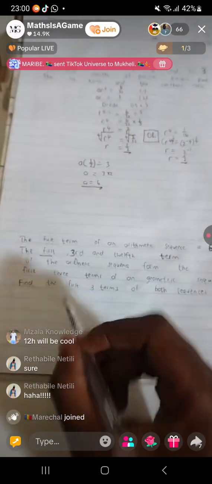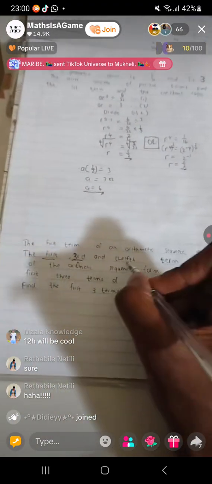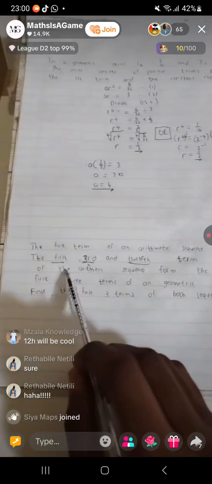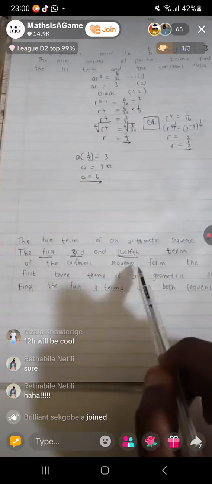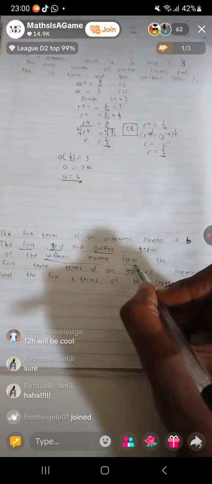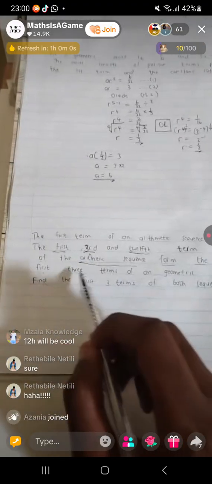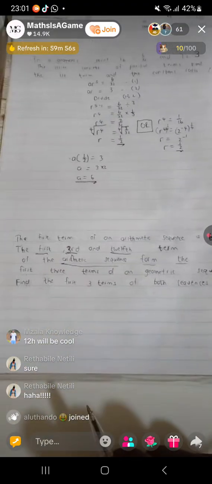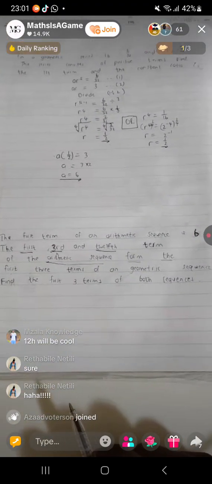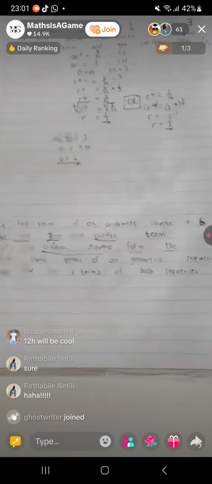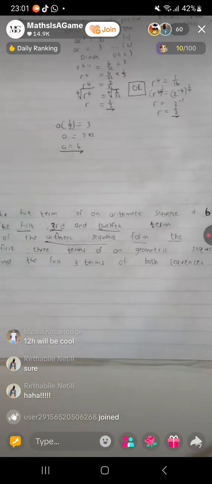The first, third, and 12th term of that arithmetic sequence forms the first 3 terms of a geometric sequence. Then the question is saying find the first 3 terms of both sequences.